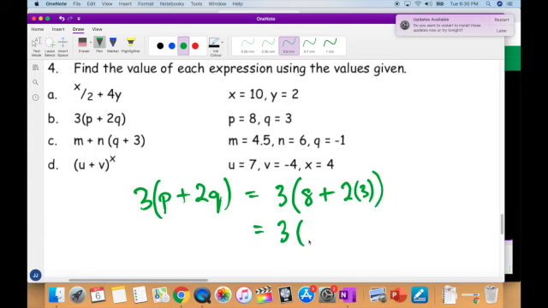So that's 3 into 8 plus 6. 2 3s are 6. 8 and 6 is what? 3 times 8 and 6 is 14. Alright. So that is 4 3s are 12. And 30, 42 is the answer. Is that what you guys got? 3 times 4.